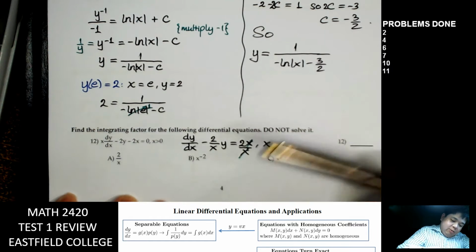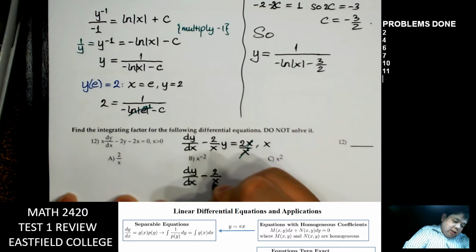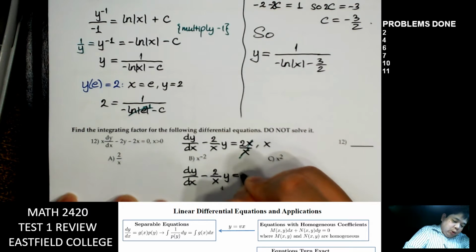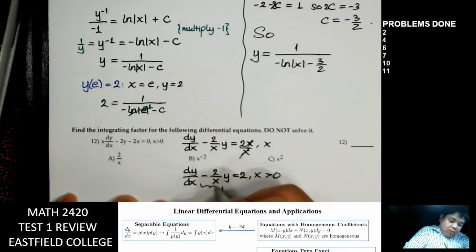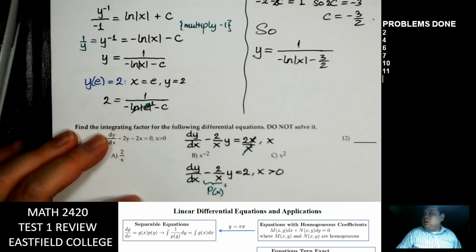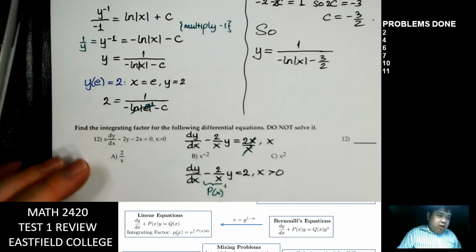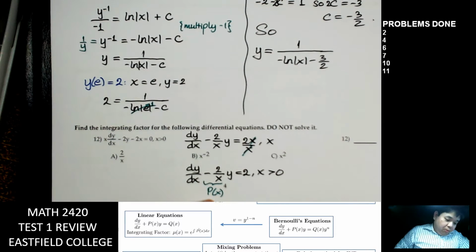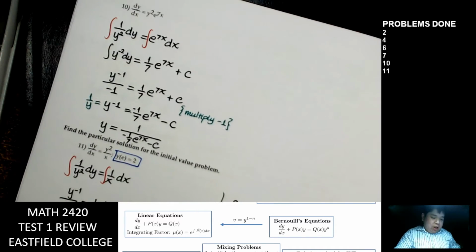And so the standard form is dy over dx minus 2 over x y equal to 2. And this is p of x. And then we integrate. Integrating factor for a linear equation is e to the integral of p of x dx. So I'll let you do that.